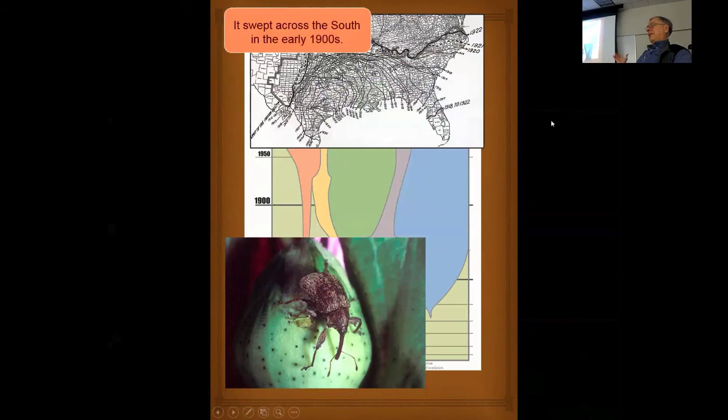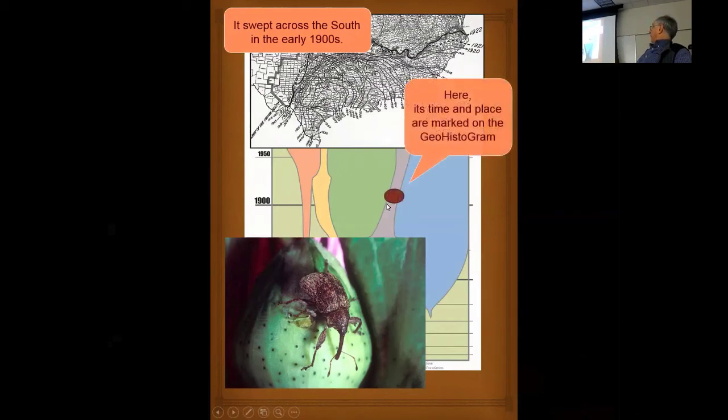Now, what they need to learn is when the boll weevil came across the South, it didn't just arrive. It came slowly. And the result is it wiped out cotton gradually. And it triggered not one migration, but 30 of them. And when the boll weevil got to Alabama, that was about the time, well, I marked it on the GeoHistoGram, about 1907 or so.